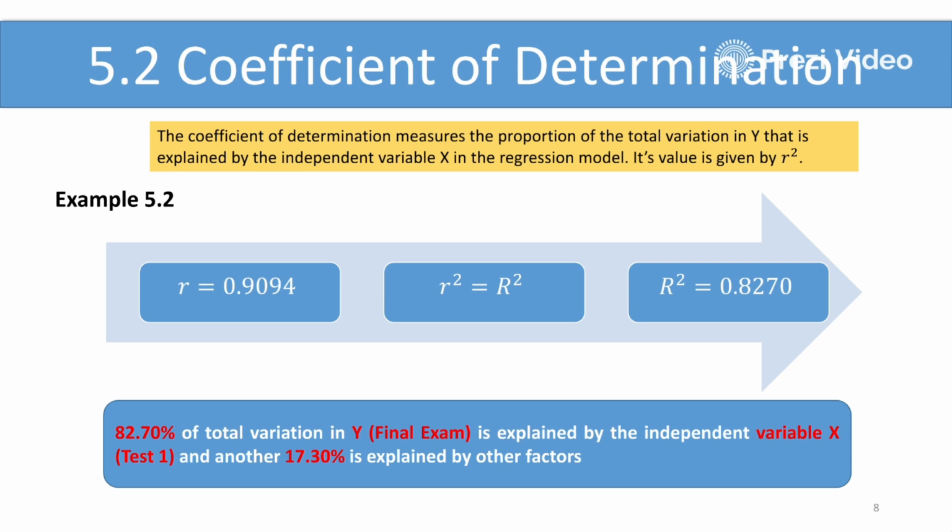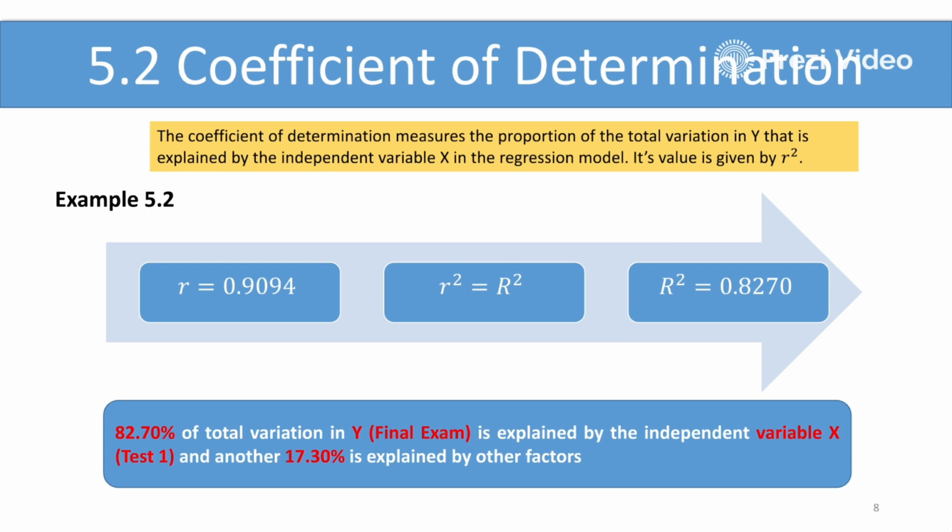Okay. By definition, coefficient of determination measures the proportion of total variation in Y that is explained by the independent variable X in the regression model. Its value is given by R squared, ataupun capital R squared tu.